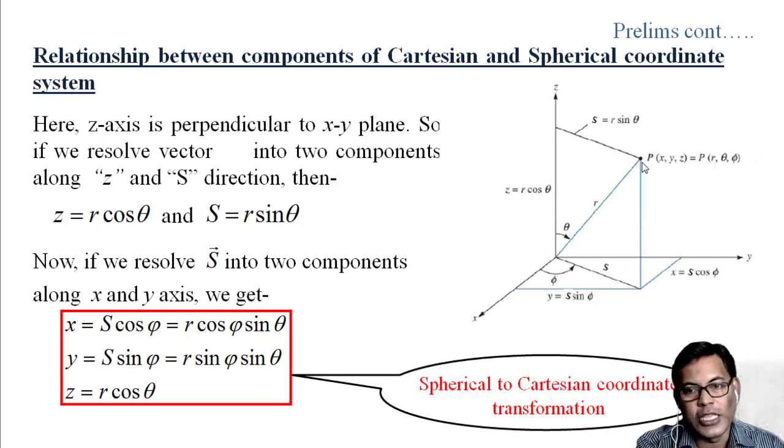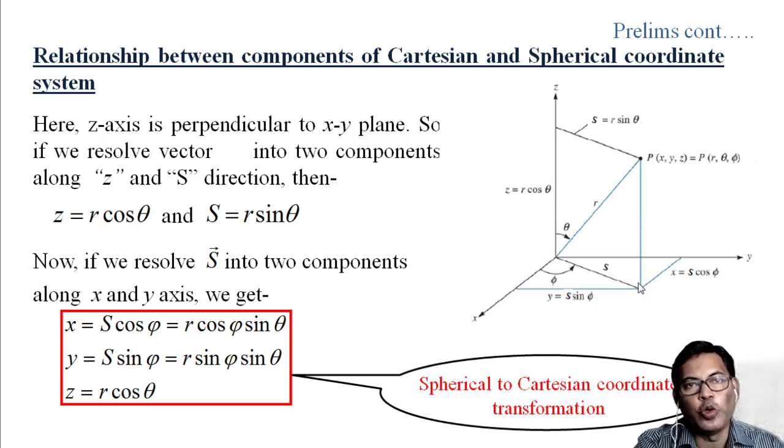Now, this P is connected to the origin by r. This is the radial distance r. Then the angle between this r and the z axis is theta, which is called the co-latitude. And here the tangential line from the z axis to the point is taken as S, and a parallel S we have drawn on the xy plane.